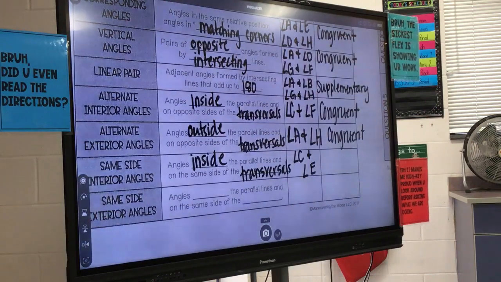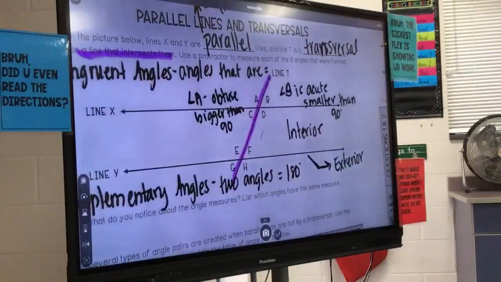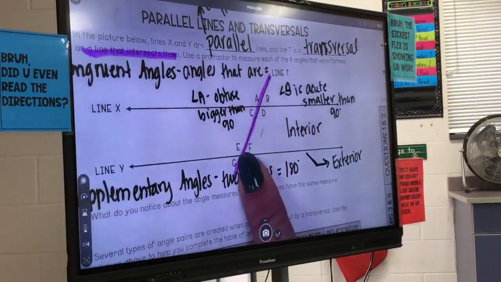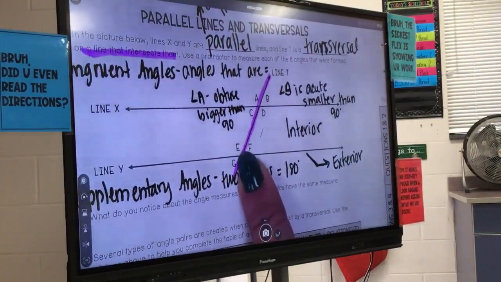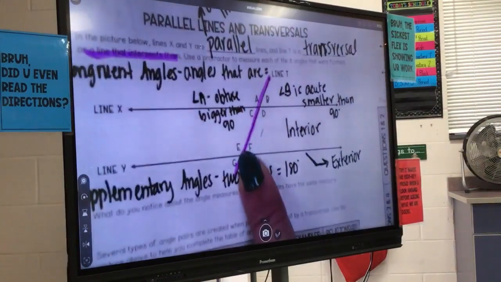What do you think? So angle C and angle E, they're different. So one is what and one is the other. Right. Okay.